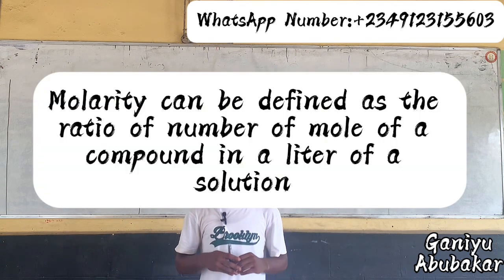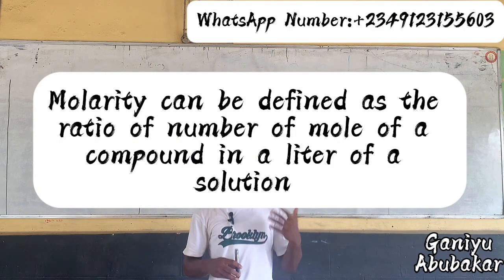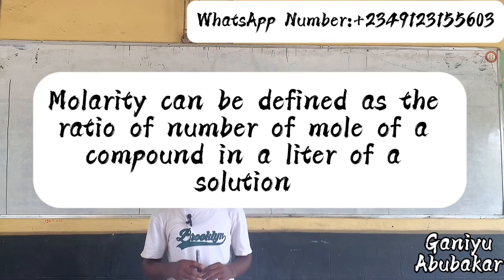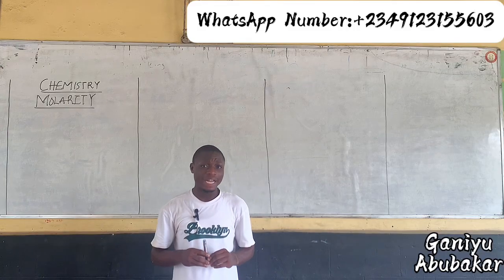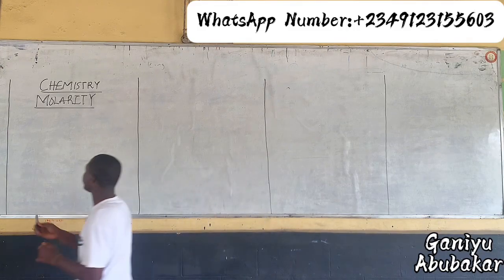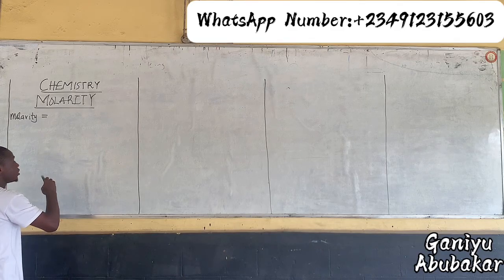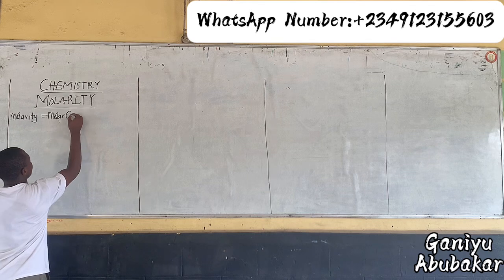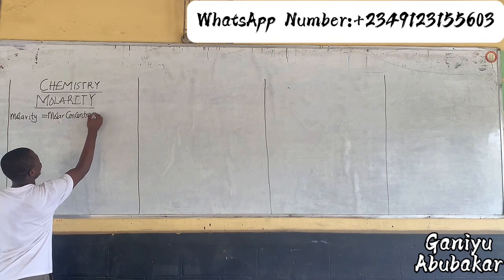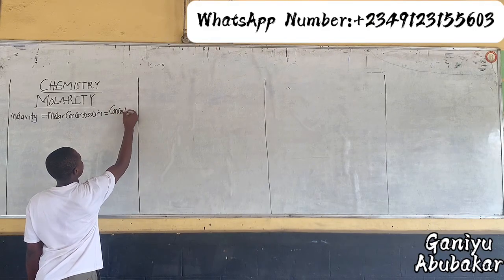Molarity can be defined as the ratio of number of mole of a compound in a liter of a solution. So that's a definition for molarity. It is important to note that molarity is also called mole concentration, or molar concentration, or perhaps we call it just concentration.